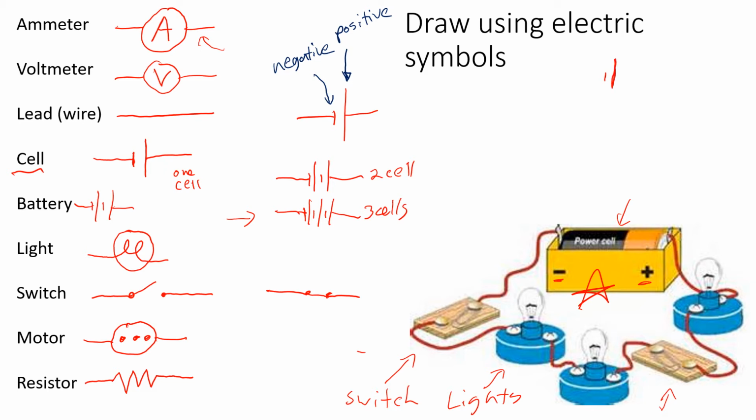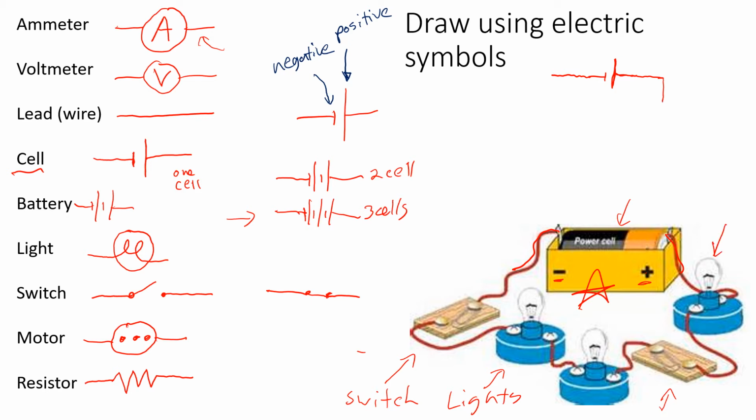Then we have some wires coming out of it in both directions, so we're going to draw those wires coming out in both directions. The next thing is that after the positive side, it's going to be hitting this light bulb.